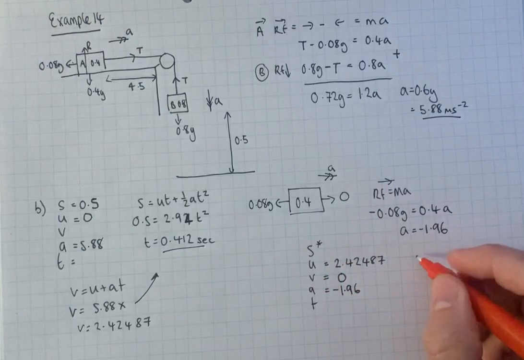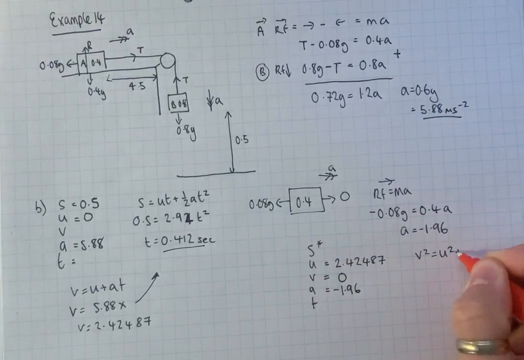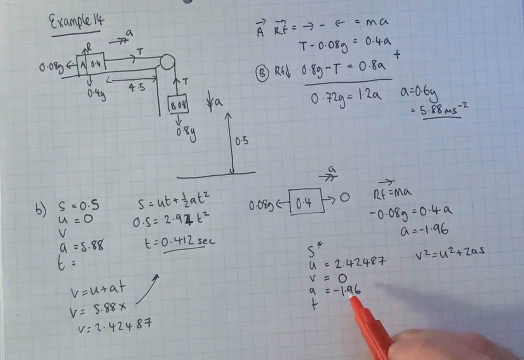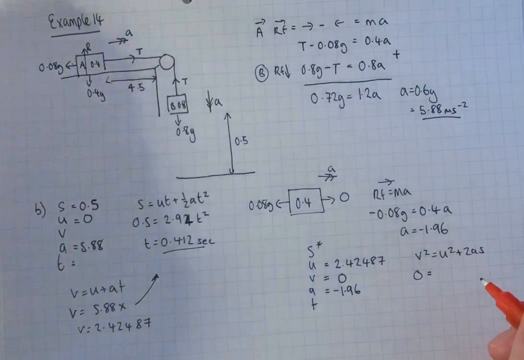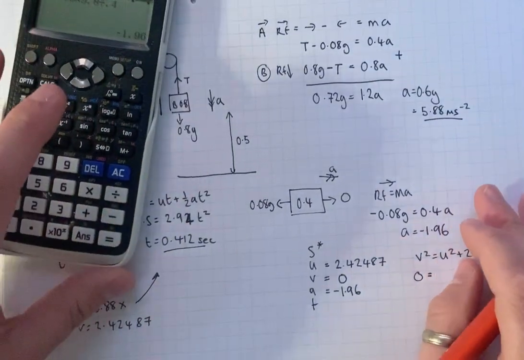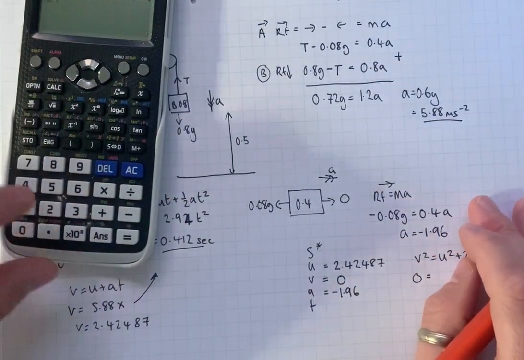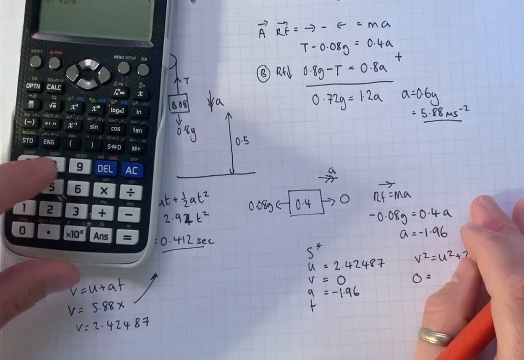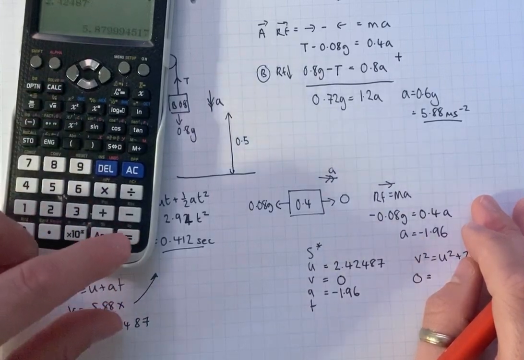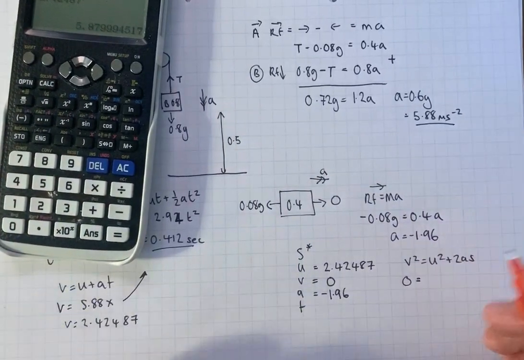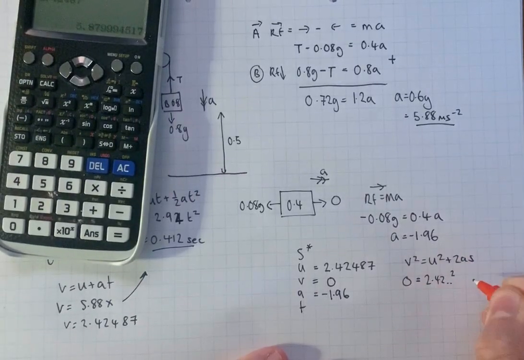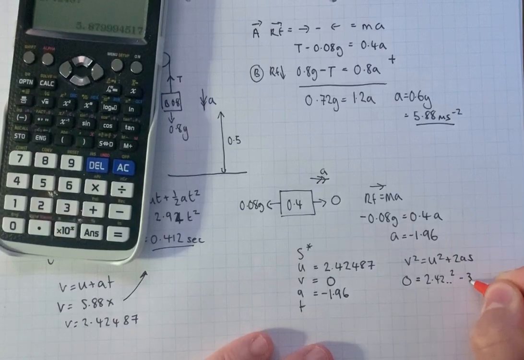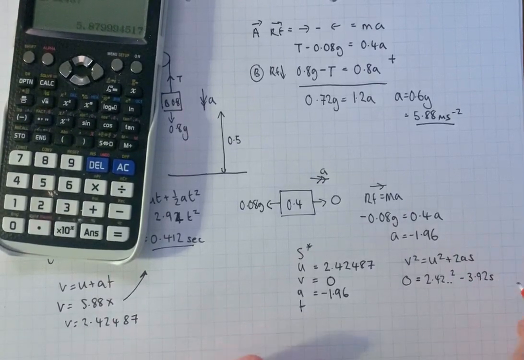So we need a formula that hooks up s, u, v and a. And that's v squared equals u squared plus 2as. So v squared is 0. u squared is 2.42487 squared. Minus 3.92s.